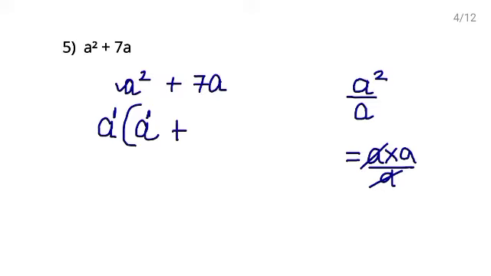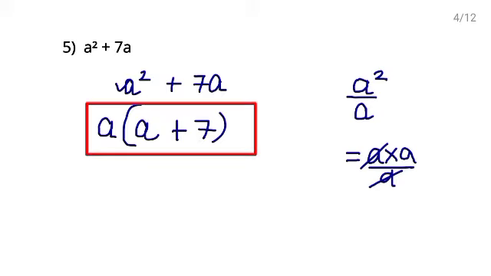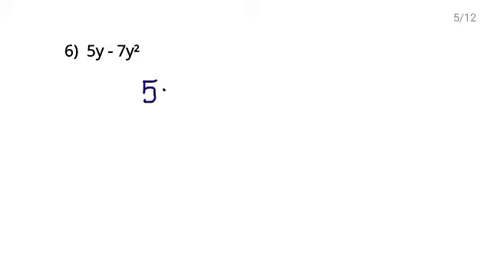Plus you already have taken a outside, so what are you left with? 7. So just write 7 here, right? And this is also equal to a into a plus 7. This is your answer. Next, question number 6. 5y minus 7y square.